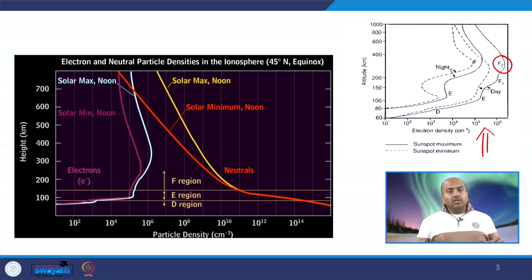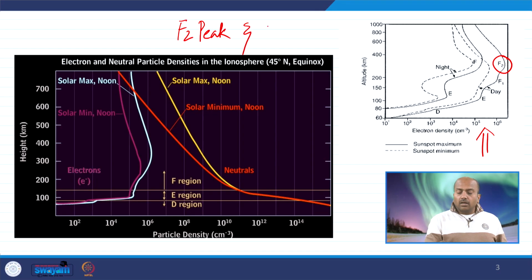We know from the Chapman theory that wherever maximum absorption is happening, that's when n becomes equal to sigma inverse, or we can assume that ionization is happening at the highest magnitude, right? So, the confusion or the anomaly that we are trying to discuss is the F2 peak and production.